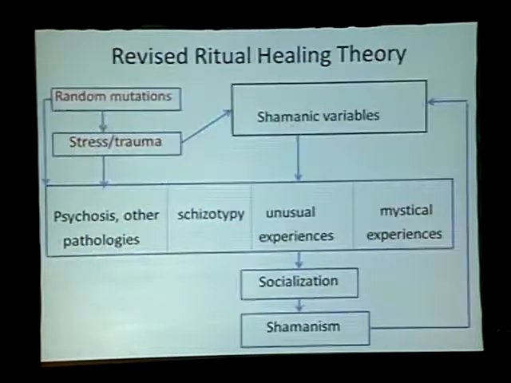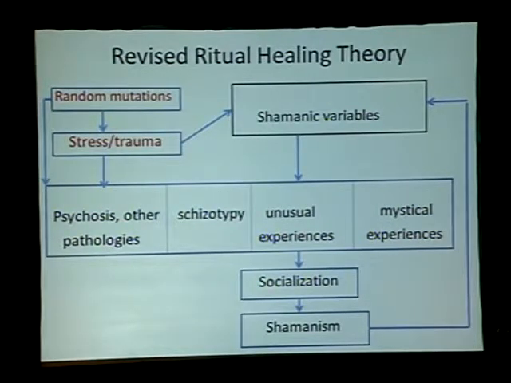So let's come up with a revised theory. Here's the revised ritual healing theory. We've got the random mutations here, stress, trauma. Here's our psychosis, here's schizotypy. We'll make a little bar here. Our previous speakers, like Ingo Lambert, talked about a continuum of the mastery of voices. Here's our continuum.